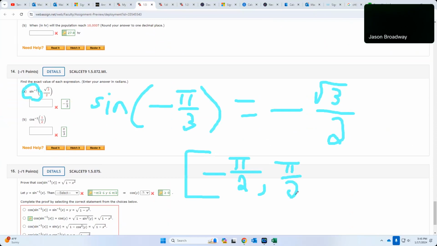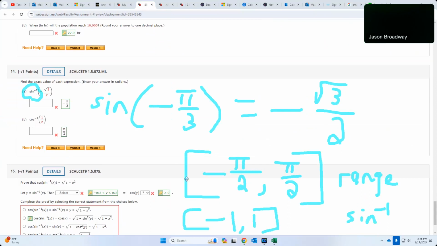Now, these are inputs for the regular sine, but they're outputs for the inverse. So this is the range of the inverse sine, and the domain is neg 1 to 1.